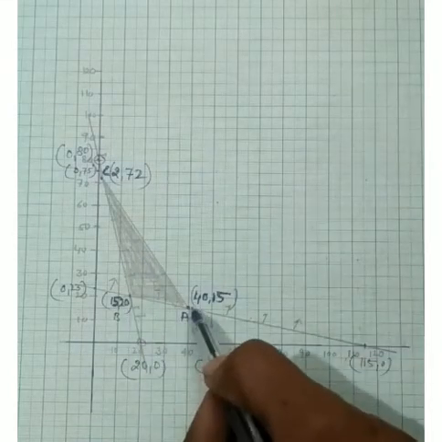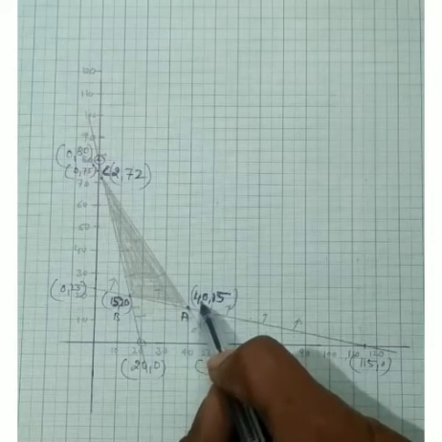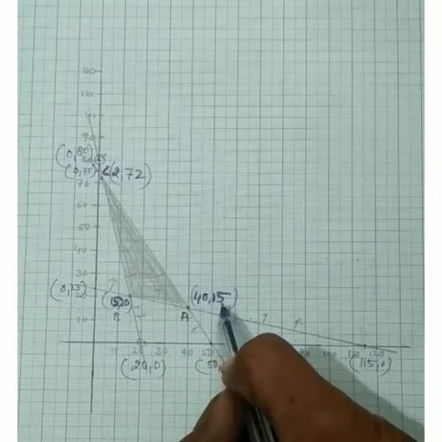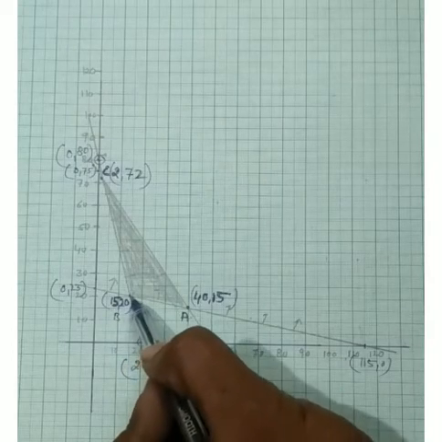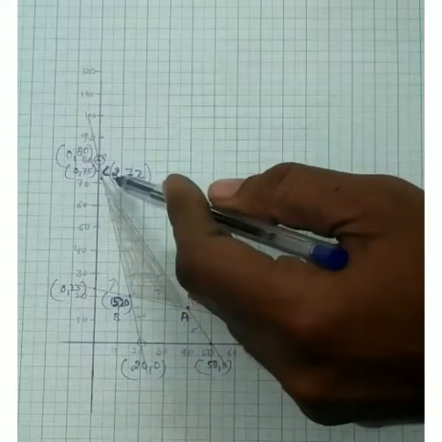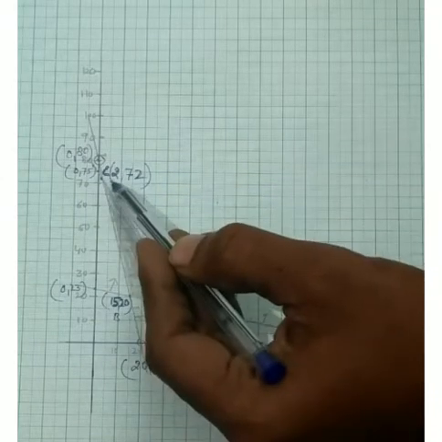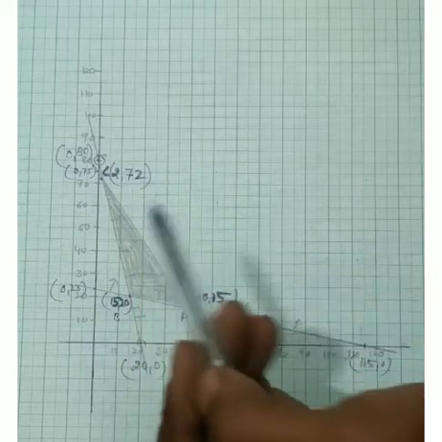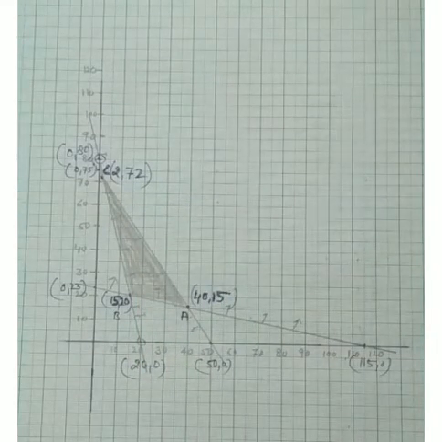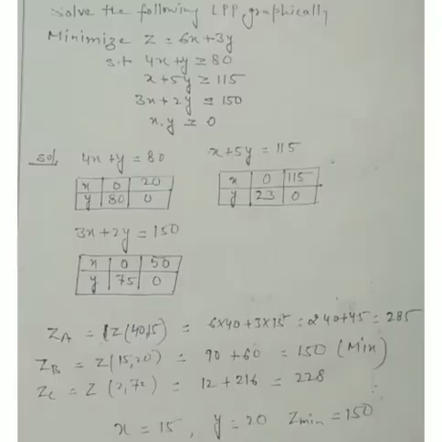Now at this point we are having three corner points. A is 40, 15, B is 15, 20 and C is 2, 72. From the graph we have obtained these three corner points. Now we'll put these values of the three corner points in the given function z.